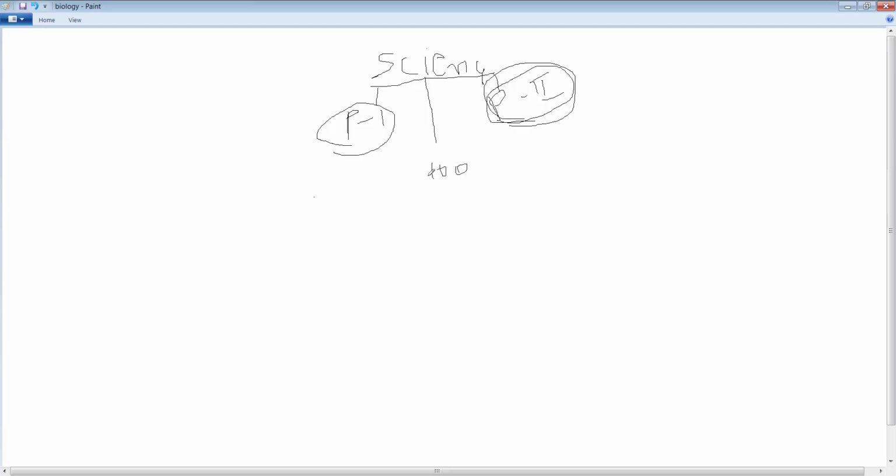But there are internal marks from the 100. So when we divide, physical science is 50 marks, whereas biological science is 50 marks.